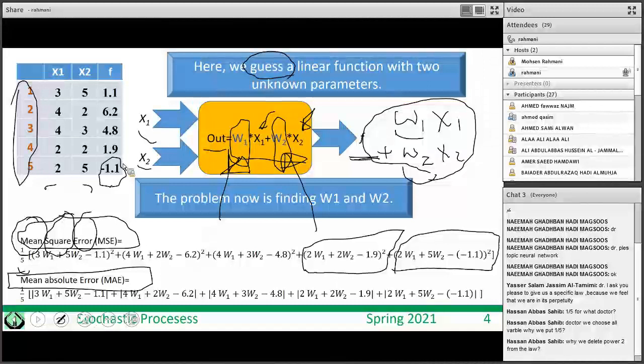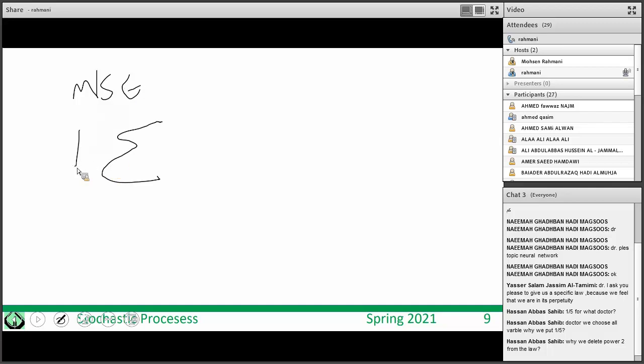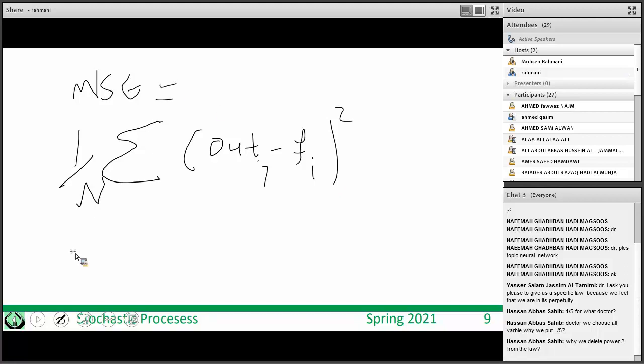But you asked why we did the power 2. This is just a definition. We have some measures for error. I said that MSE is the summation of output minus desired output power 2.